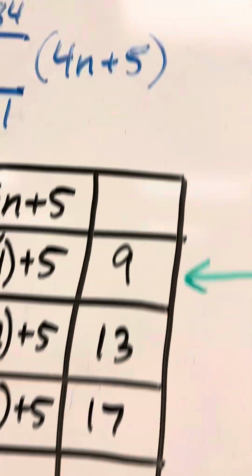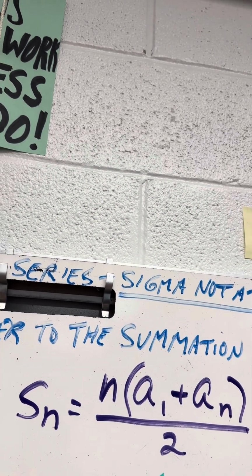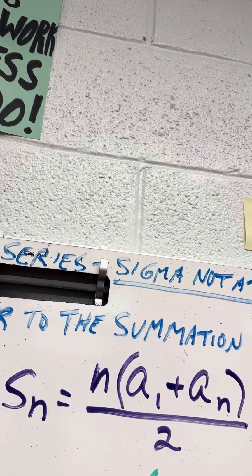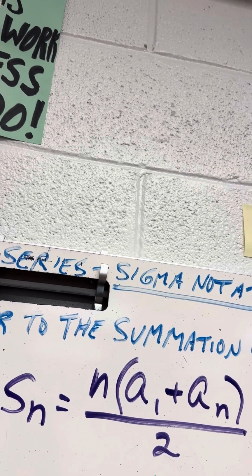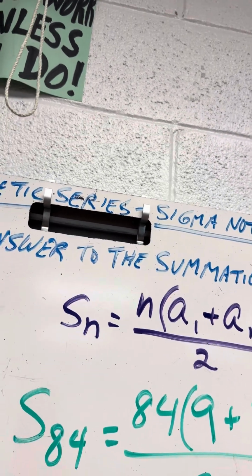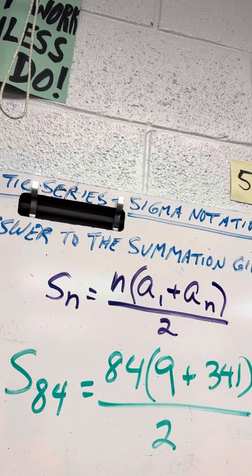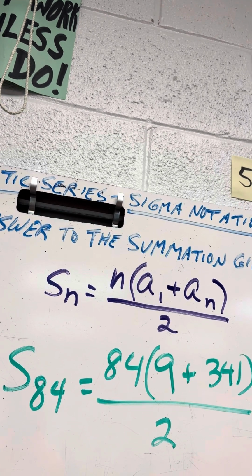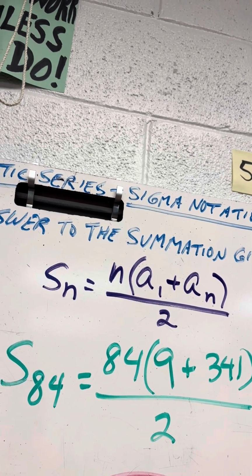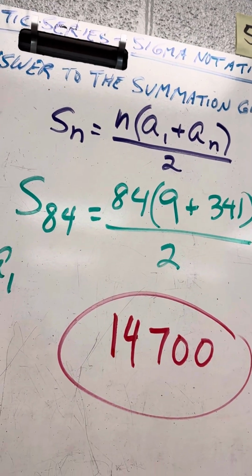So now we use the same formula we've been using for arithmetic series. You do n times A1 plus AN, all divided by 2. So we do S of 84 is 84 times 9 plus 341 divided by 2, and you get 14,700. Okay.